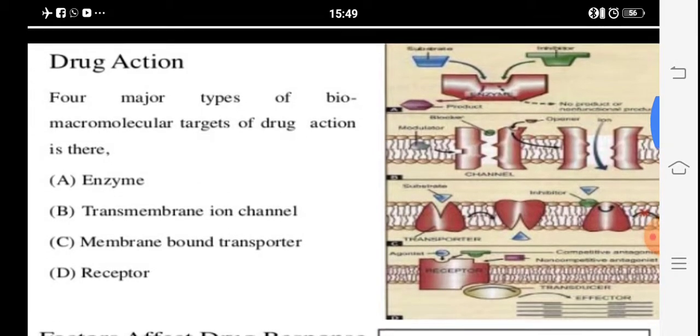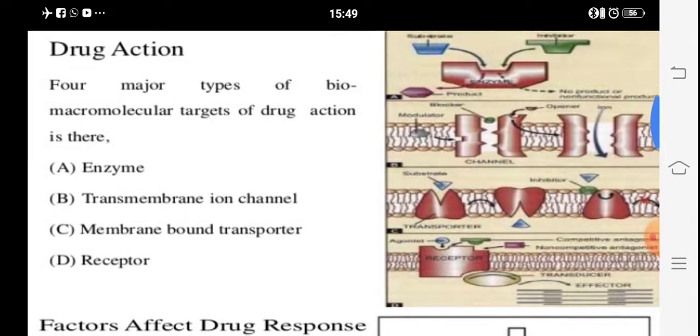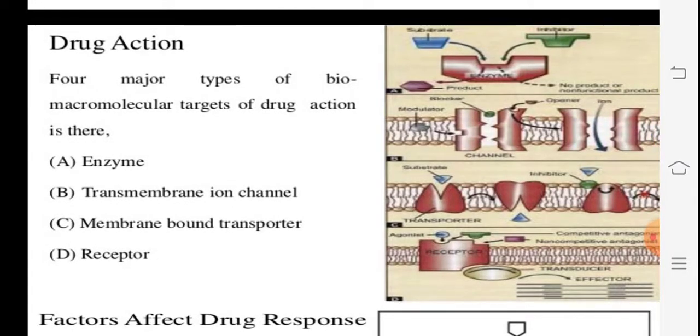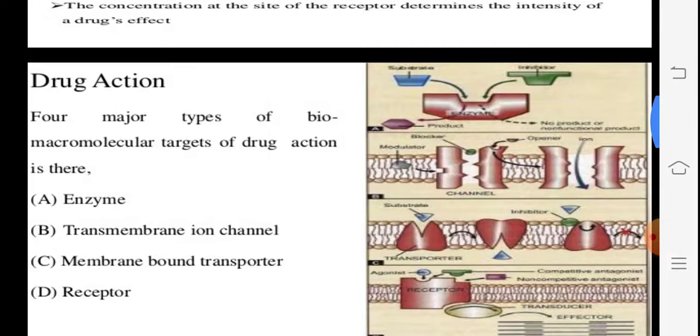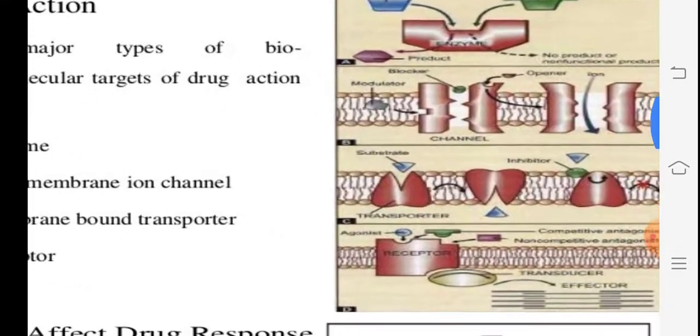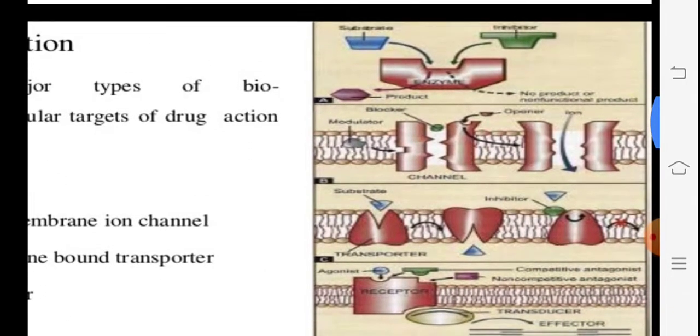Then in drug action there are four main biomacromolecule targets. For example, enzyme, ion channel, membrane bound transporter, and the receptor. Here a photograph is given of this, showing how our drug is related with these. We just have to understand this.